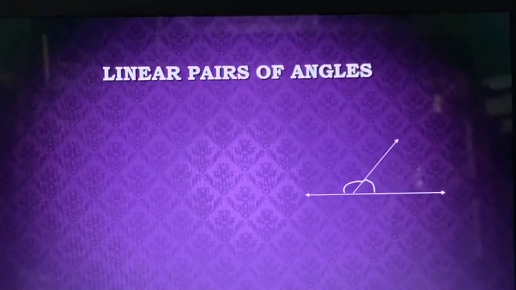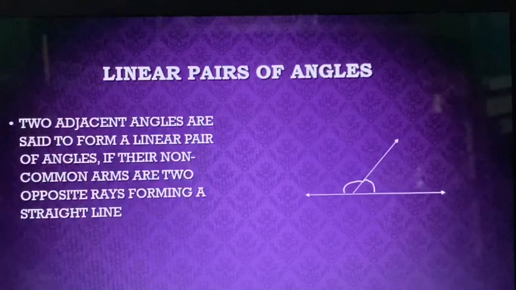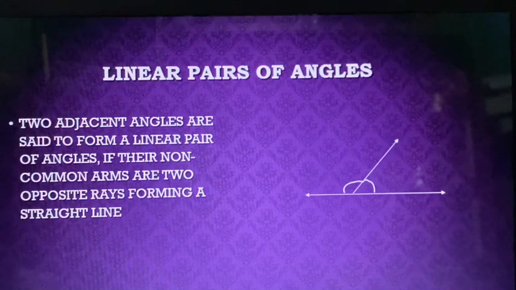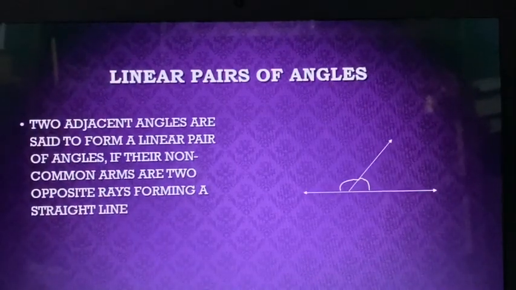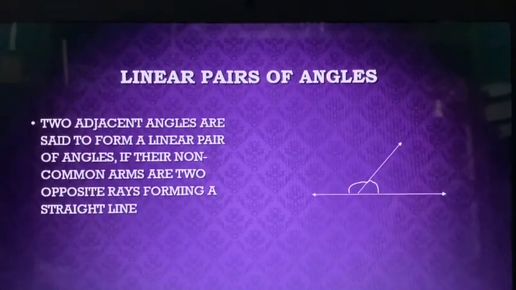linear pair of angles. 2 adjacent angles are said to form a linear pair of angles if their non-common arms are 2 opposite rays forming a straight line. In a very simple way, we can define a linear pair as 2 adjacent angles which make a straight line.